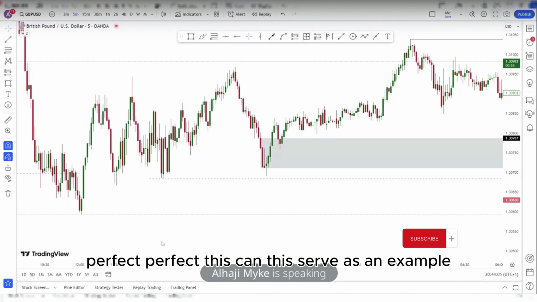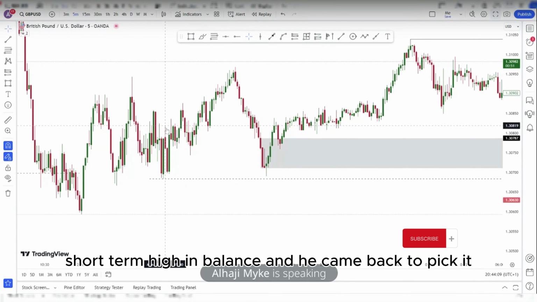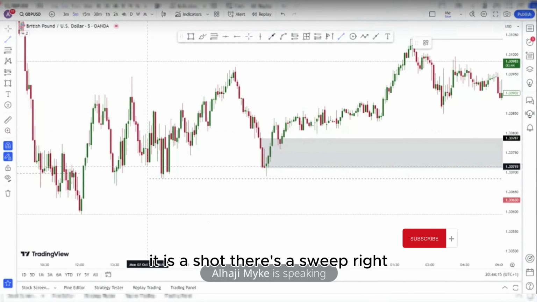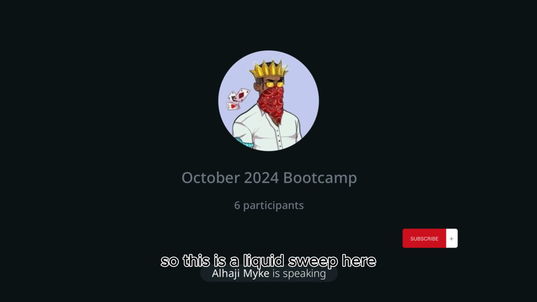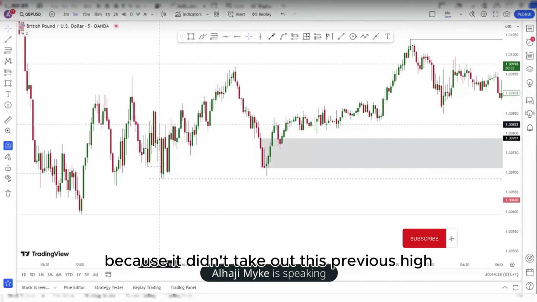Can this serve as an example? Sweep, short-term high, imbalance, and it came back to pick it. I don't know if you can see it. Look over here. This is a sweep, right? I left this tool on. Right, so this is a liquidity sweep here. Right here, after the sweep, it formed this high because it didn't take out those previous highs.